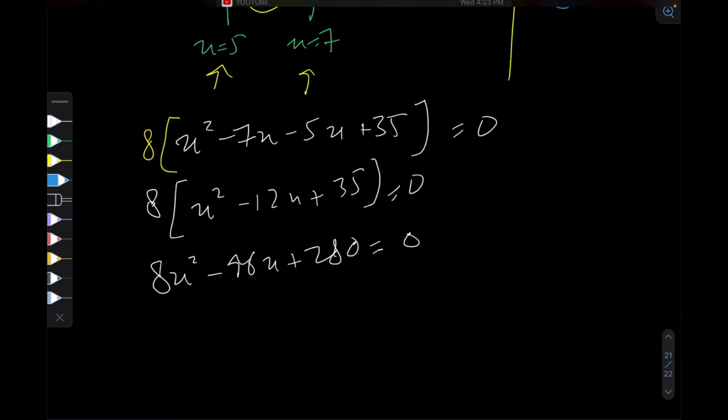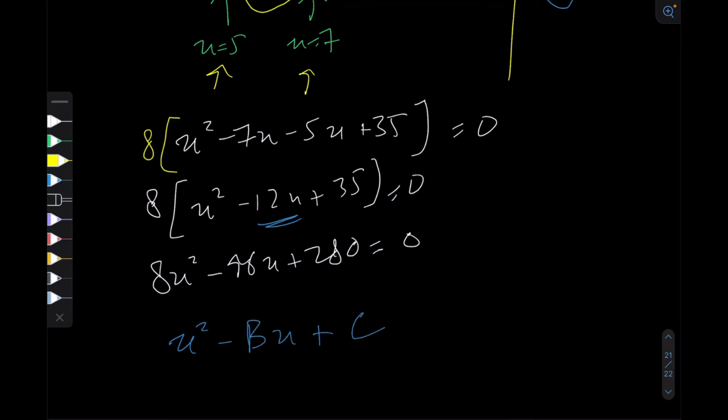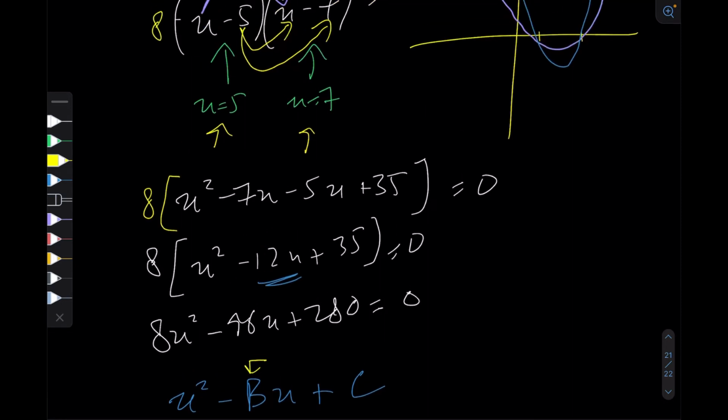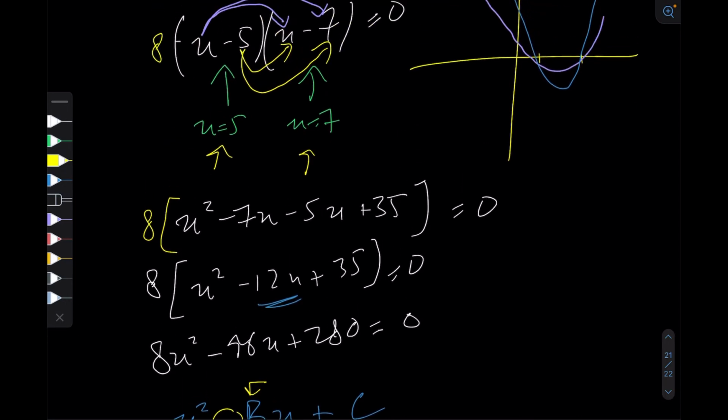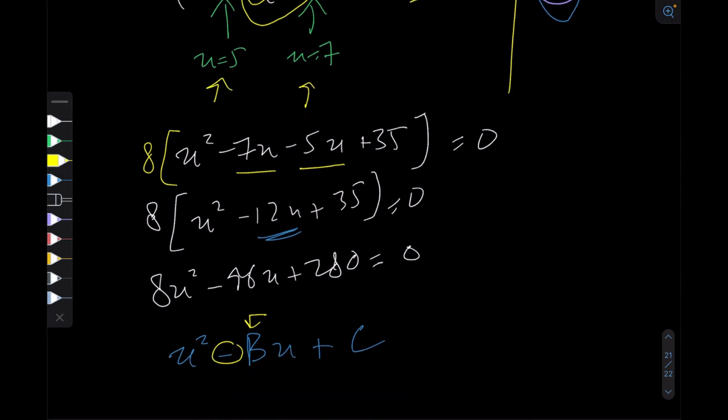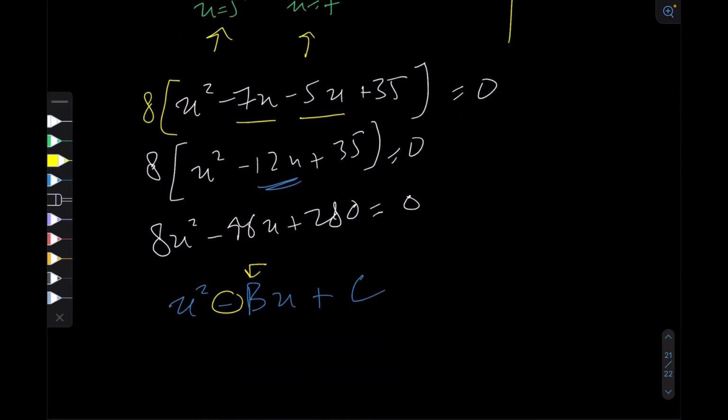So when we look over here, when we have any quadratic in the form x squared minus bx plus c, we can notice that the way we got the minus b was that we added up the two roots. We added up the two roots and got the negative of the coefficient of x.